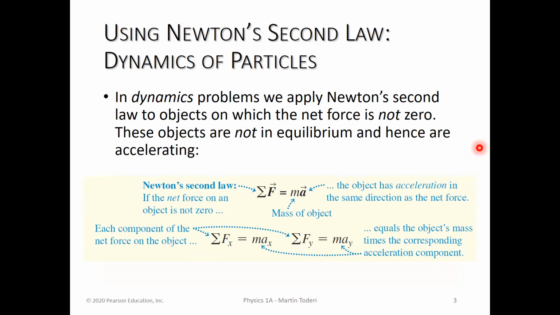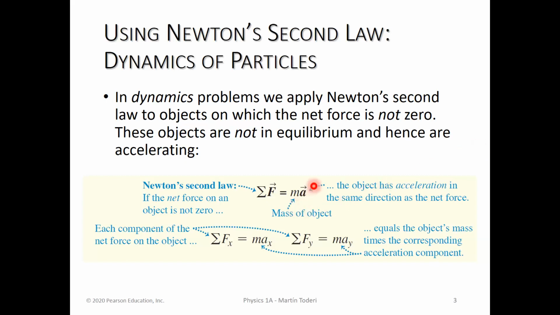And that acceleration will be parallel and in the same direction as the net force being applied to that object. So these objects are not in equilibrium, and then they are accelerating.